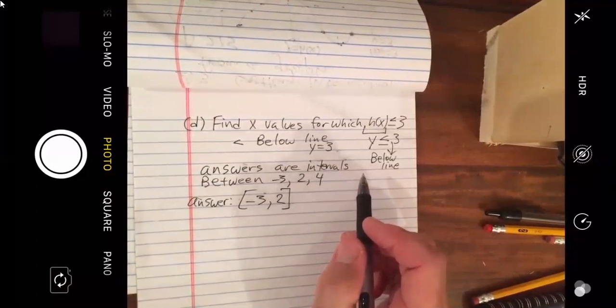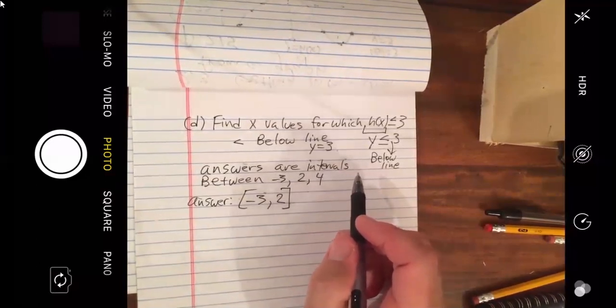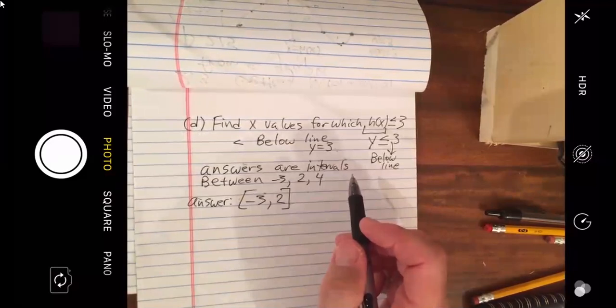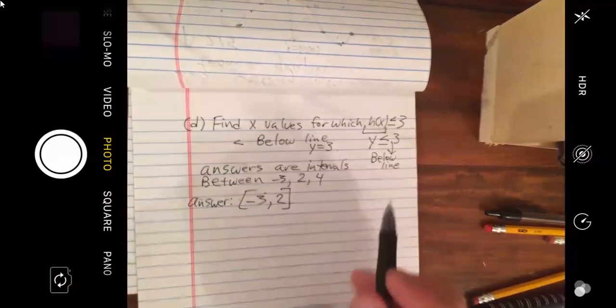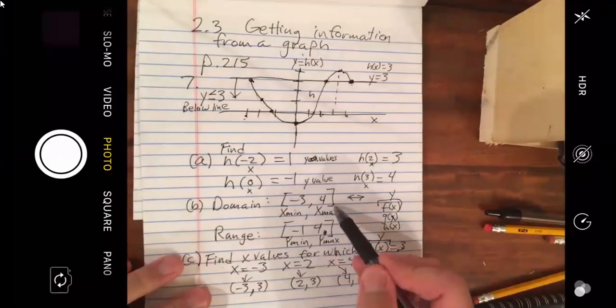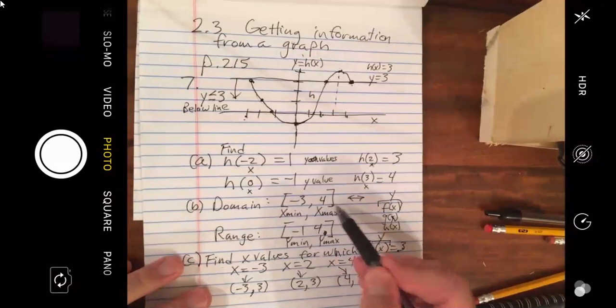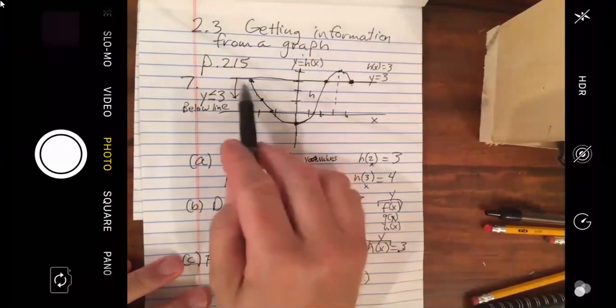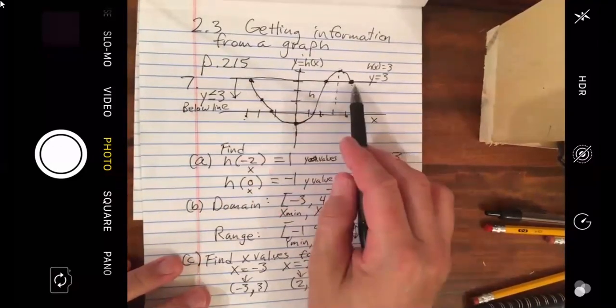Okay. And this is a domain, correct? -3 to 2, because these are x values. It's not the domain of the entire graph. That was back here between -3 and 4, the set of x values for this entire graph.